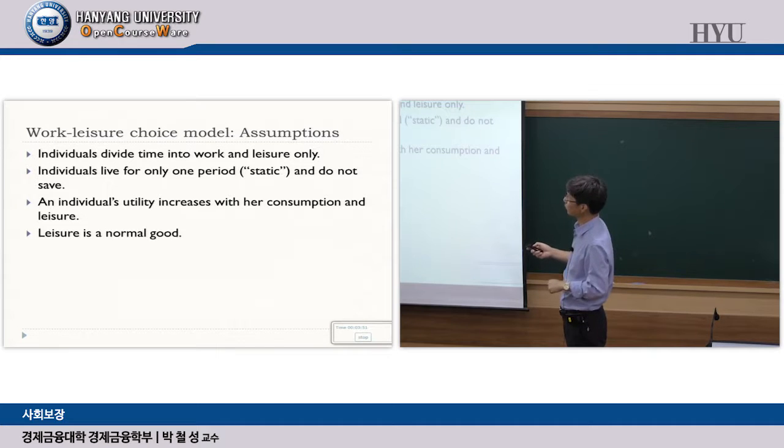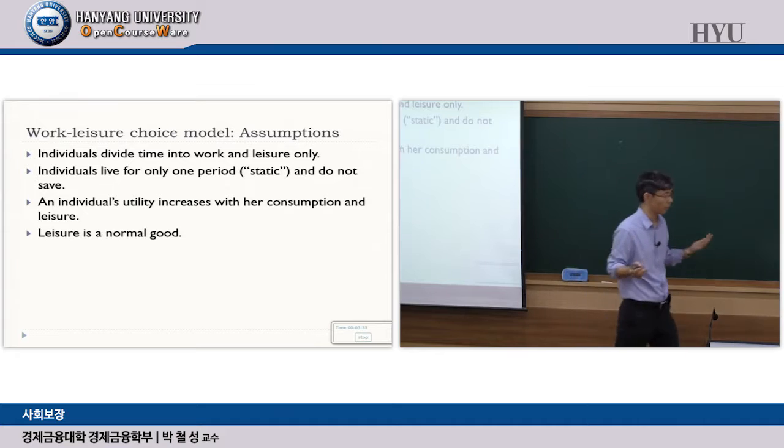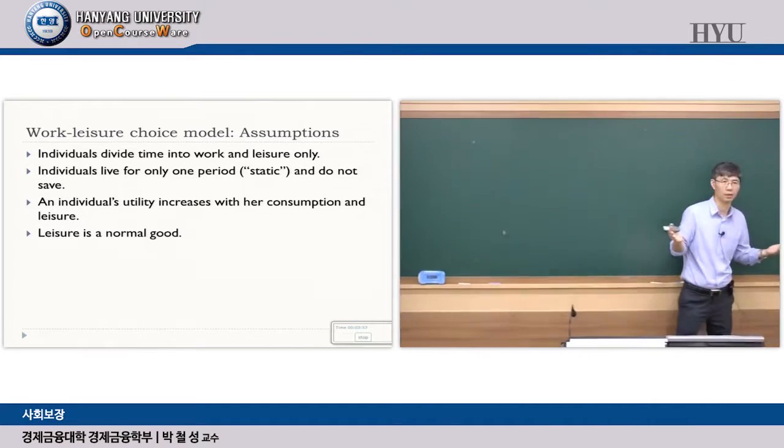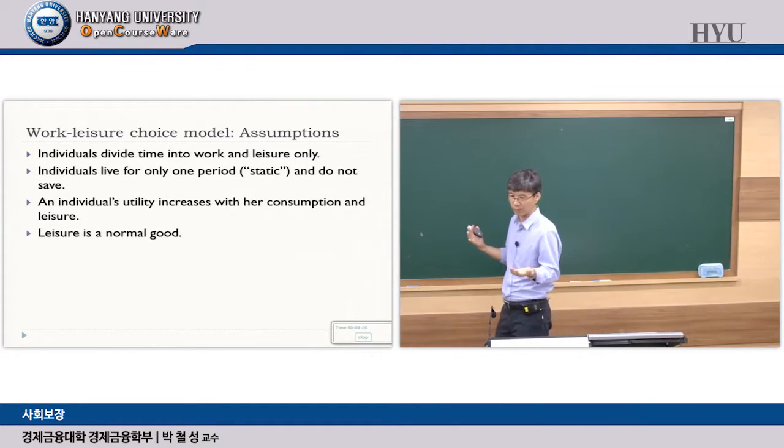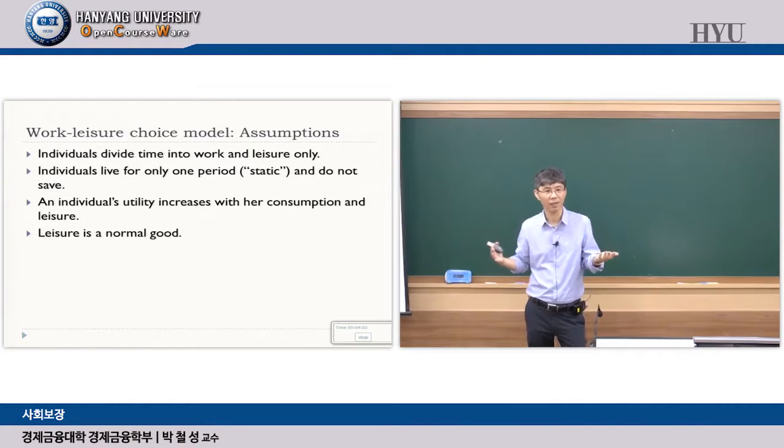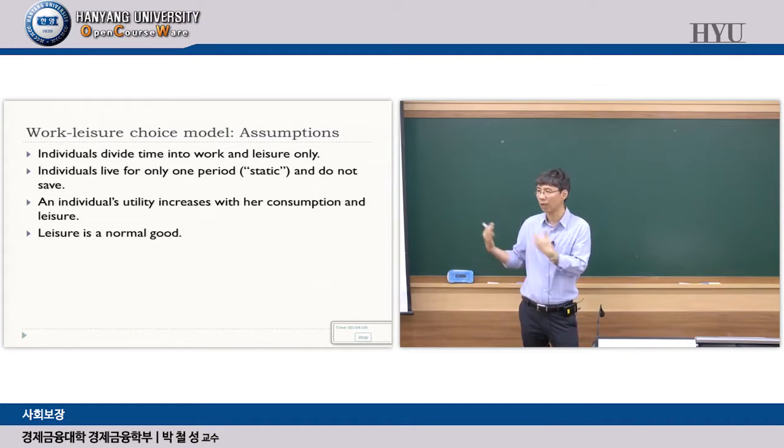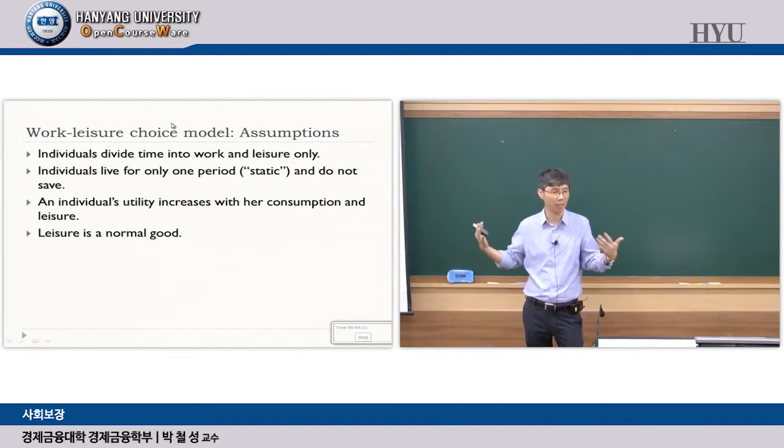And the individual's utility: what is this person's objective? Obviously, in economics and mostly in real life, the person's objective is to be happy. Using a more economic term, we call it maximizing utility, to be as happy as possible.